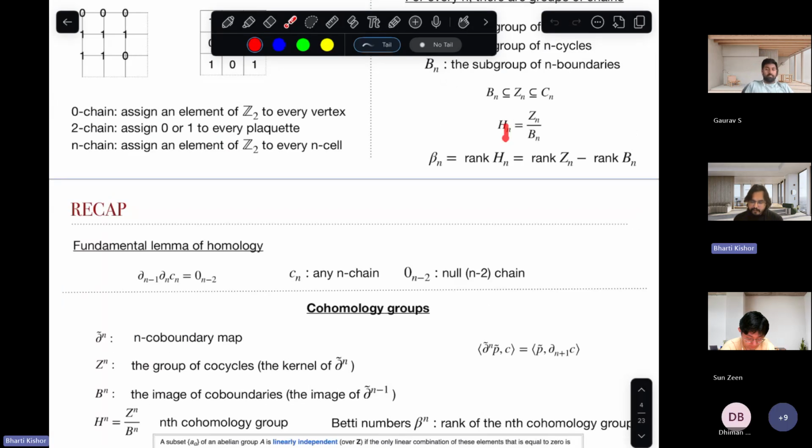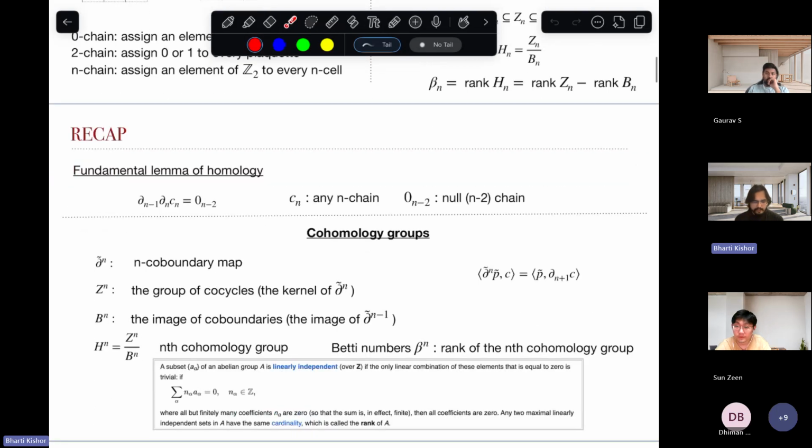Notice that here you have the index in the subscript, and there in the superscript, in terms of notation. And basically the boundary and co-boundary maps are related via this relation.